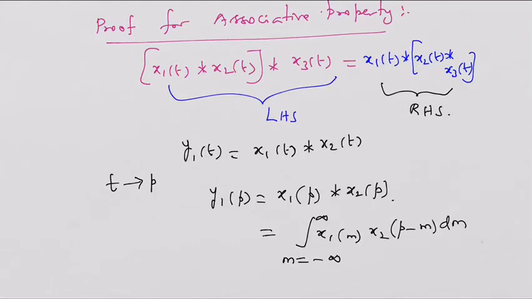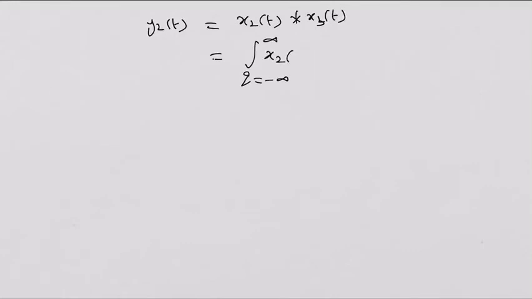Similarly, I can have another variable y2 of t, which gives me the result of x2 of t convolved with x3 of t, right? According to the formula, this can be written as, where q is a dummy variable from minus infinity to plus infinity, x2 of q, x1 of t minus q, but the variable of integration is q only.